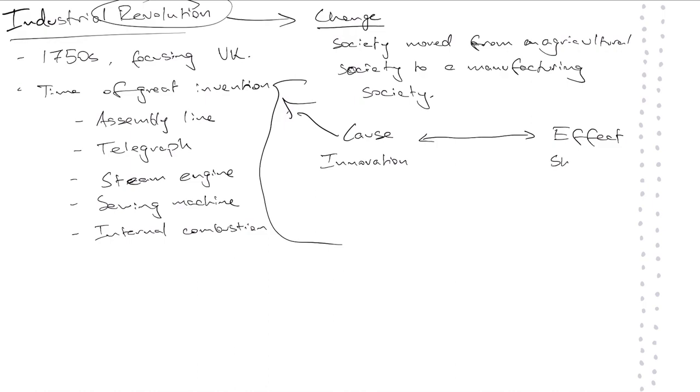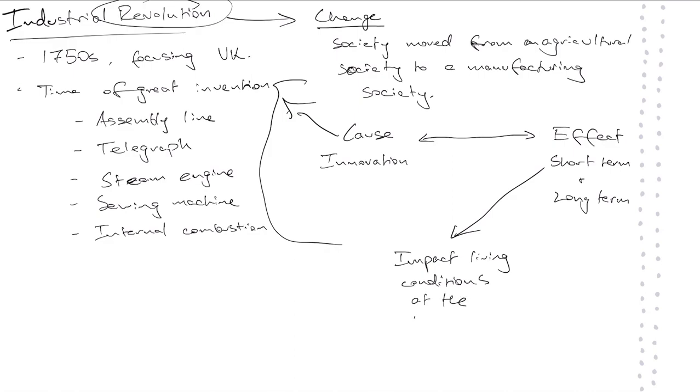The effects were both short-term and long-term. And what do we mean by that? Well, short-term impacted living conditions at the time, but also, we're still feeling the long-term impacts on the modern world.